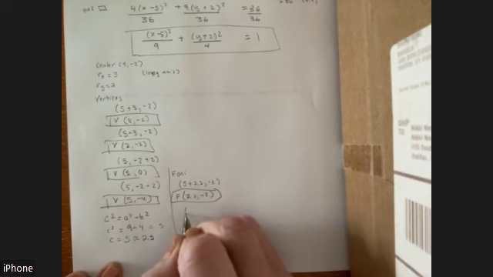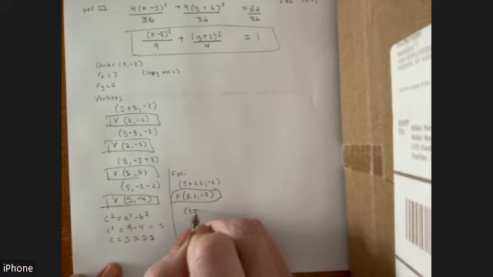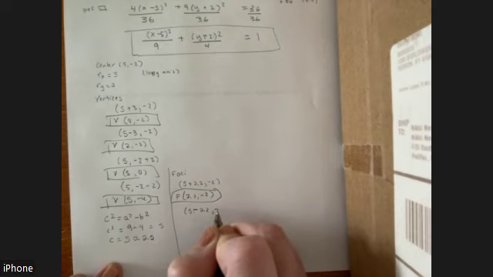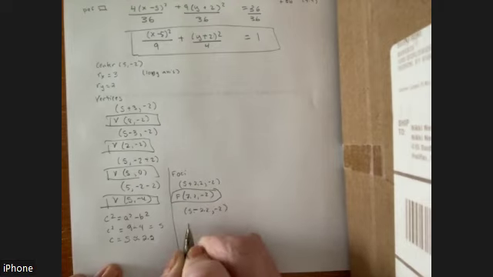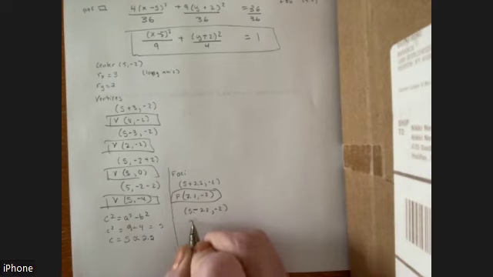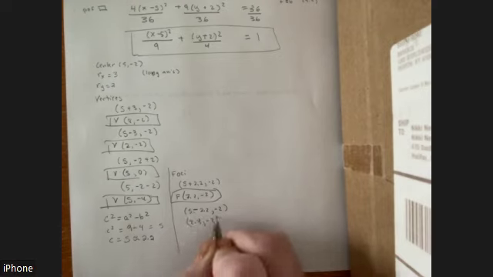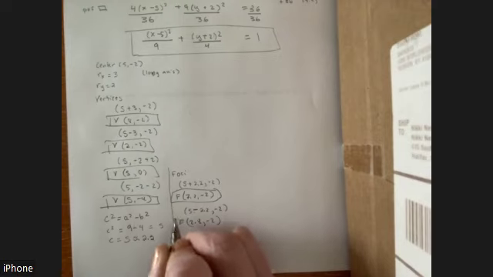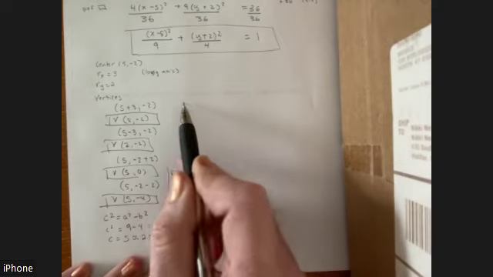And then I do it again, where I take x and subtract c, leave the y alone. So that gives me 2.8, negative 2. So that's my other focus, and I'm ready to graph.